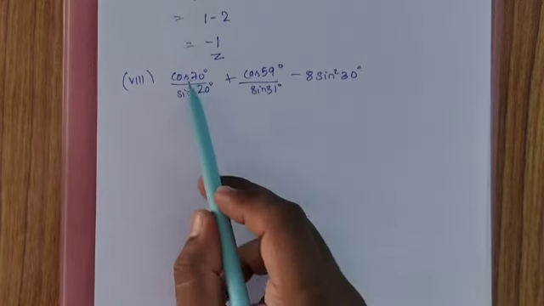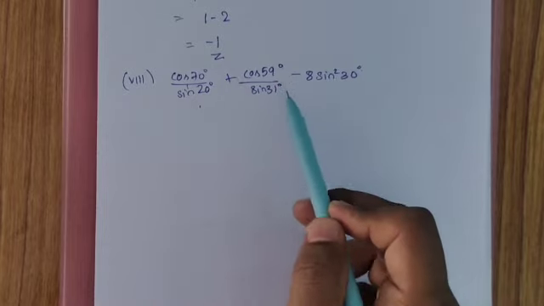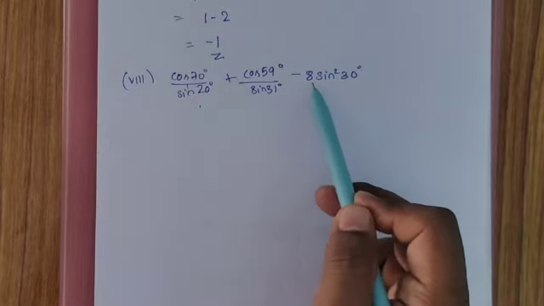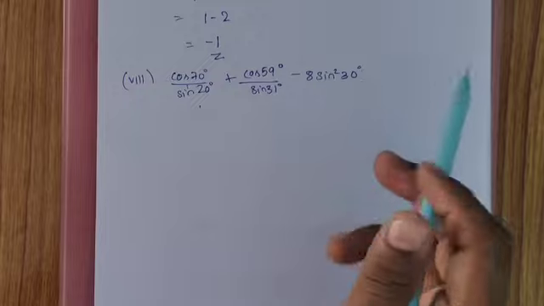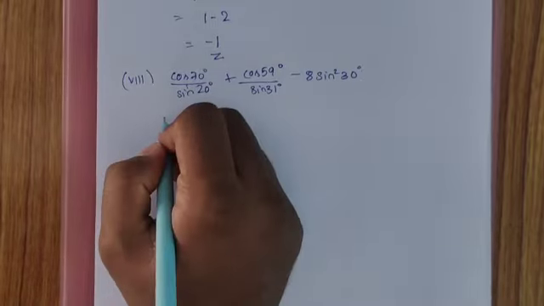Question number 8. Cos 70 degree dividing by sin 20 degree, plus cos 59 degree dividing by sin 31 degree, minus 8 sin square of 30 degree. We need to find the value of this given expression.